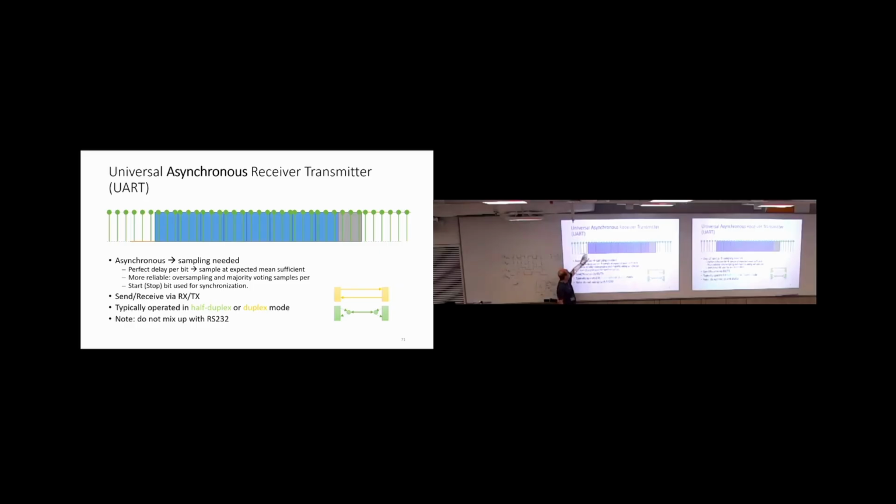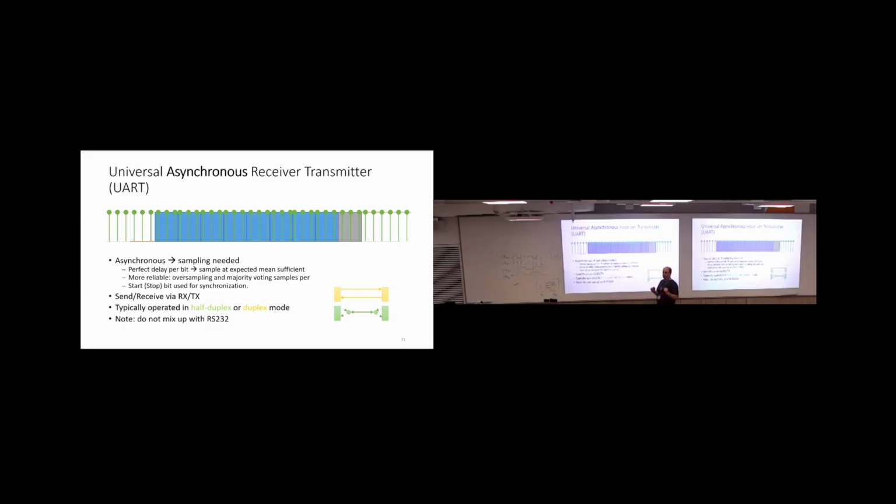Then we find at some point there's a 1. And then we can actually already try to get better because we already know something about the length here. So we can try to go in the middle, but we can also just continue oversampling and do majority voting and say, okay, this is 0, this is a 1, this is 0, this is 0, this is 1. This is how UART works, just pretty straightforward.